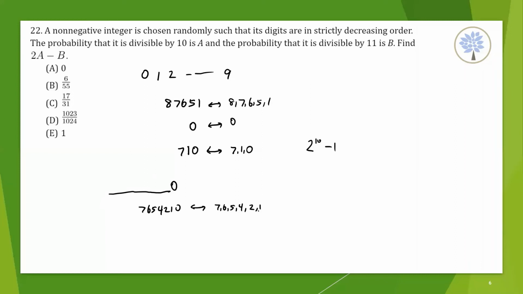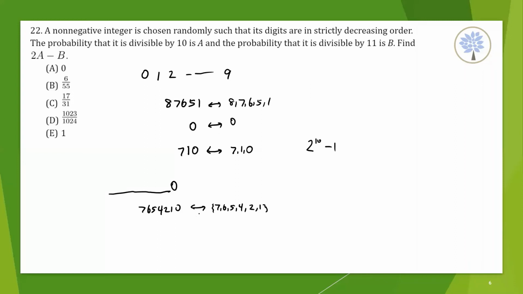In fact, we're deleting the 0, since no matter what, we're going to have this 0 at the end. So this corresponds to, for example, 765420, the set {7, 6, 5, 4, 2}, because the digits of this integer are 0, 2, 4, 5, 6, and 7, and we're excluding 0.